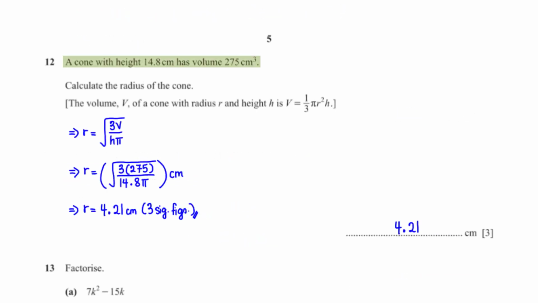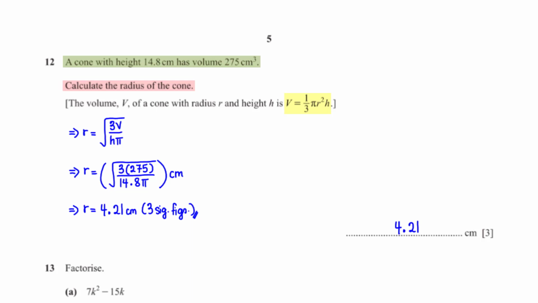A cone with height 14.8 centimeters has volume 275 centimeters cubed. Calculate the radius of the cone. We've been given the formula for the volume of a cone to be V equals 1 over 3 pi r squared h. In this case, we are interested in finding the radius r of the cone.